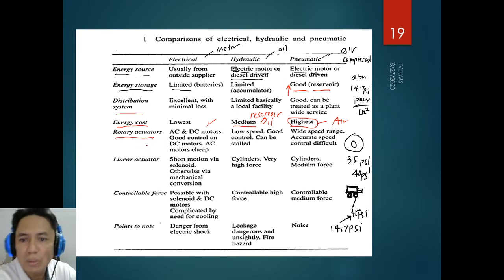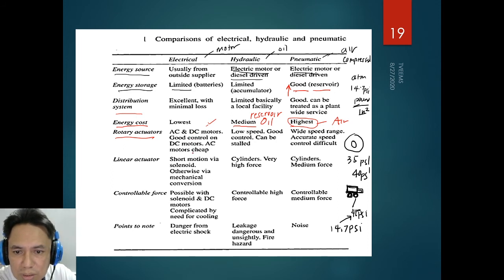So rotary actuators, we go now to this criteria. Rotary actuators: AC and DC motors, good control on DC motors, and AC motors are cheap. What we're talking about here is rotating motion using electricity or motors.